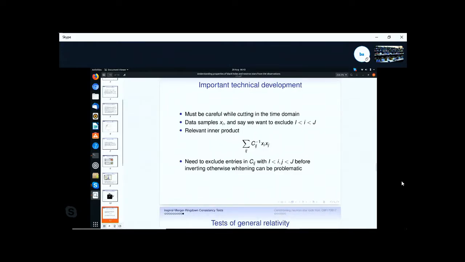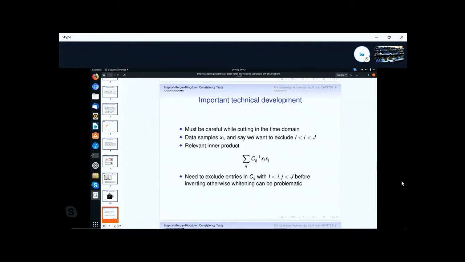Instead, in this next slide you have, let's say, data samples x_i, and you want to exclude, let's say, indices i between uppercase I and uppercase J. In this case, you take the covariance matrix of the data, C_ij inverse, which you compute from the data.